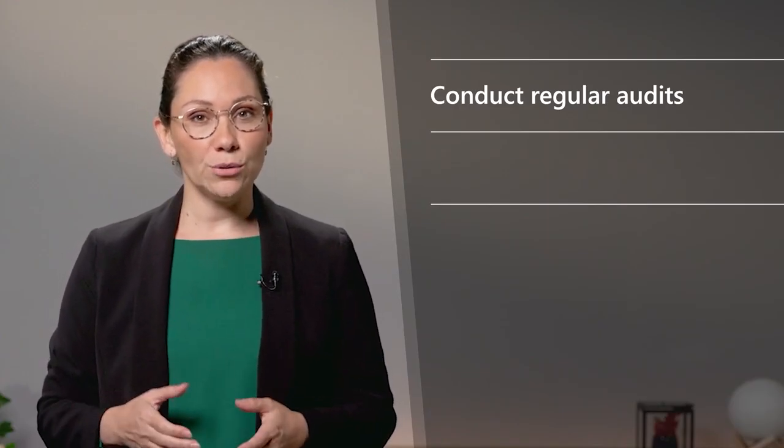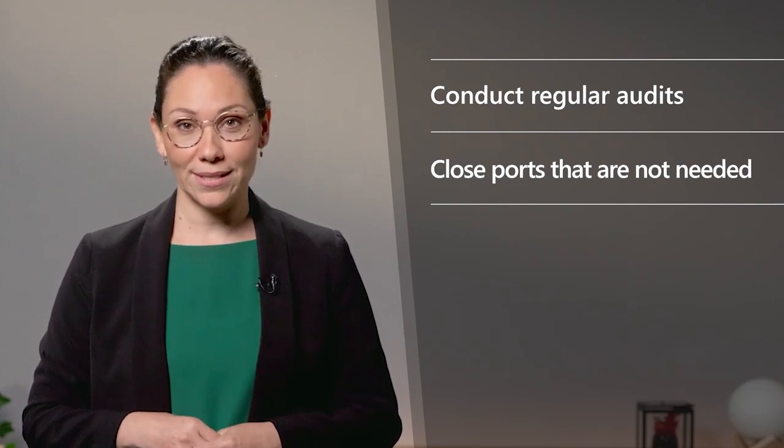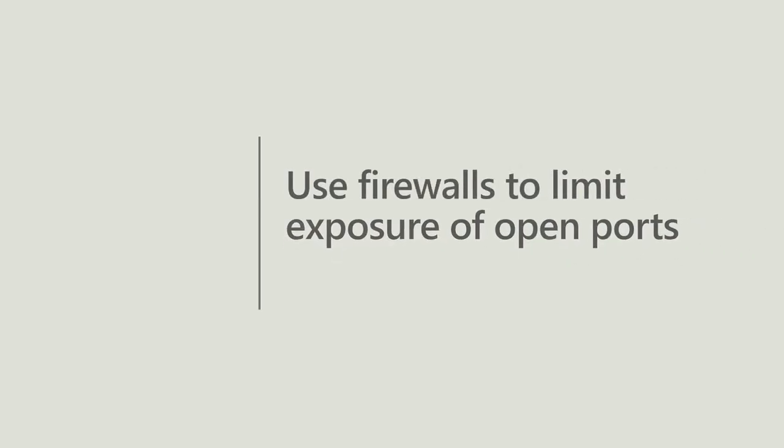You should then close any unnecessary ports to reduce the attack surface and minimize risk. One of the best ways to protect open ports is deploying firewalls to control incoming and outgoing network traffic by allowing or blocking open ports. By implementing strict firewall rules, you can limit the exposure of open ports to only trusted sources.